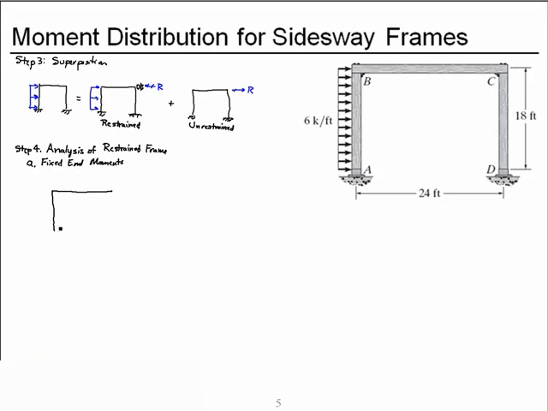The frame looks something like this with our uniform distributed load. So we need to find our fixed end moment at AB. Fixed end moment at the other end.